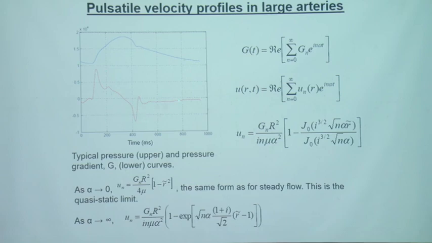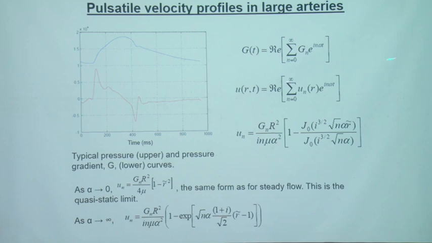So obviously this is not a sinusoidal waveform, but it can be mathematically decomposed and expressed in sinusoidal form. And then we can work out the corresponding flow rate. The pressure gradient is here. First we express the pressure gradient using this form, and the corresponding velocity profiles can also be found, similar to the Womersley solution.